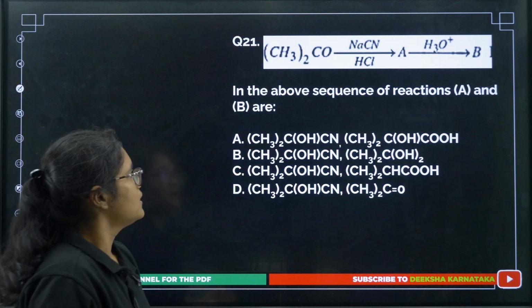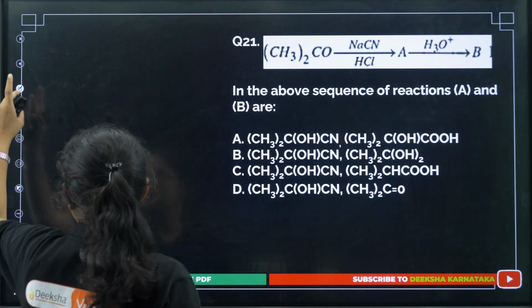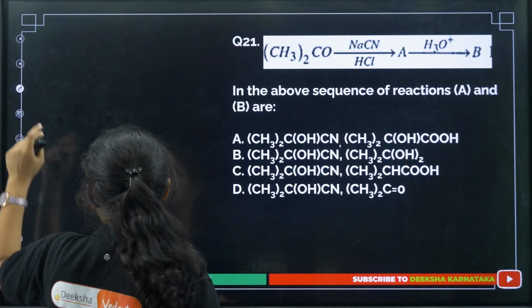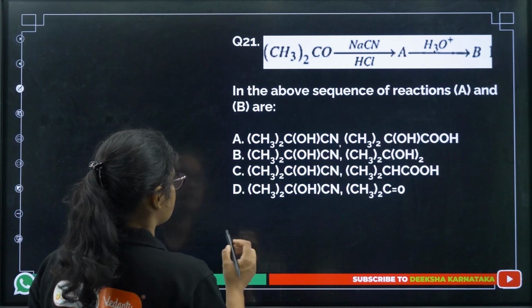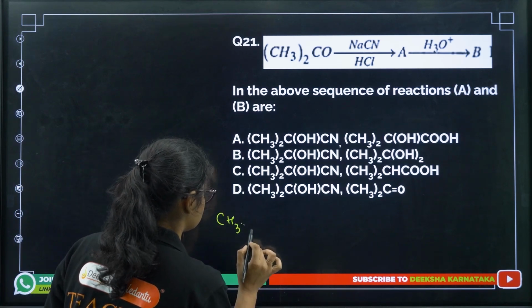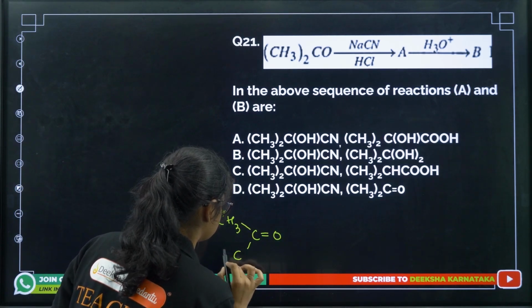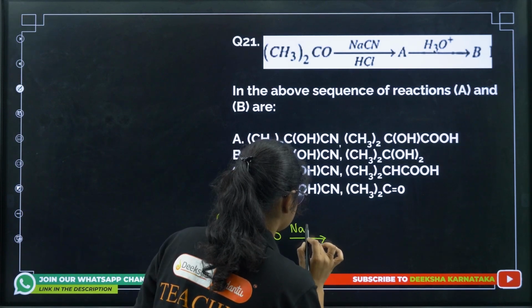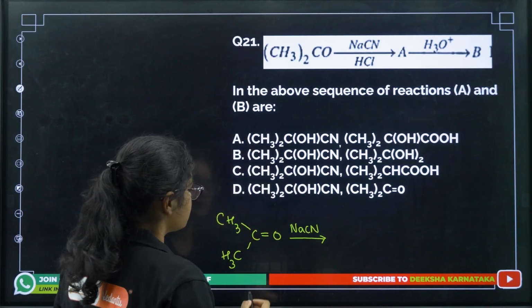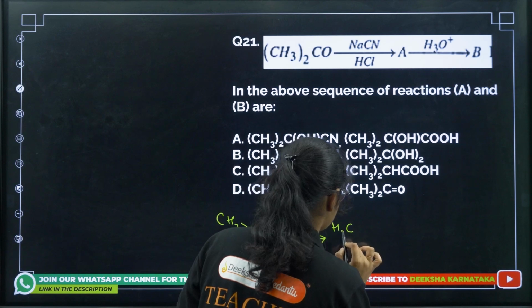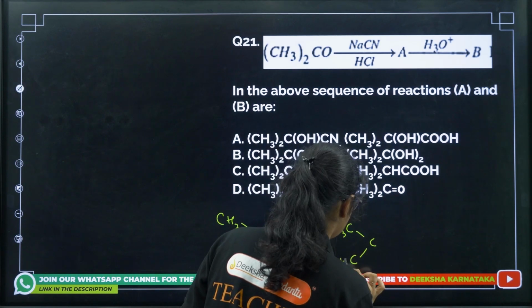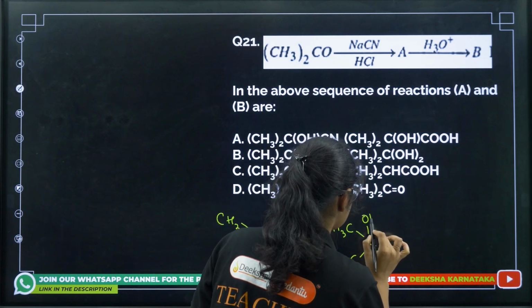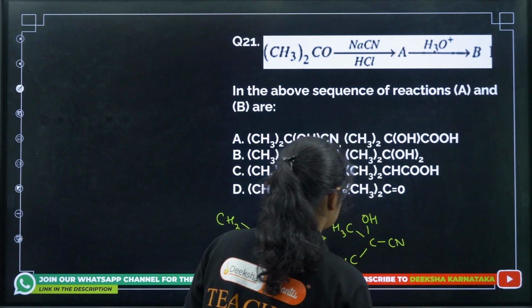Okay. Next question, you have (CH3)2CO, that is your ketone group, and it is reacting with CN. So first of all I'll get CH3COCH3. Next, if you are reacting it with NaCN, this will give you (CH3)2C(OH)CN.